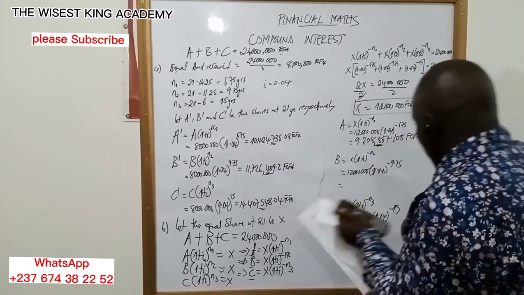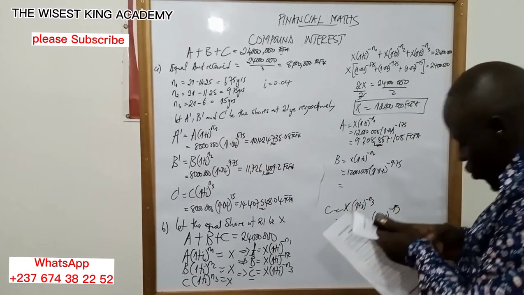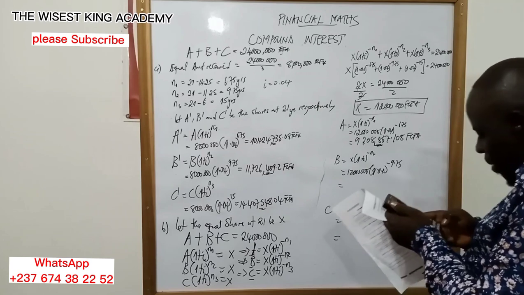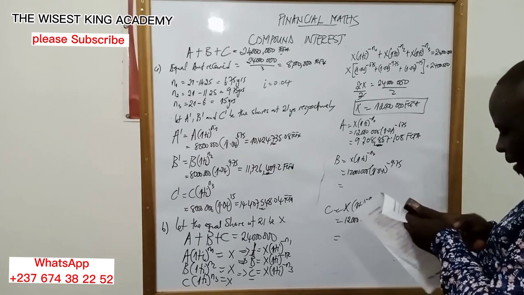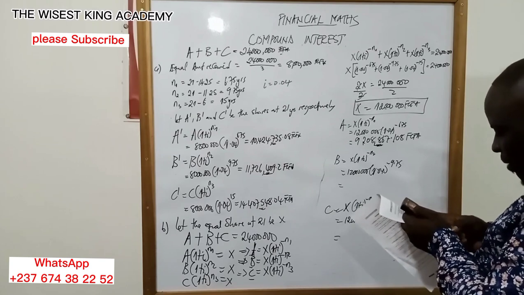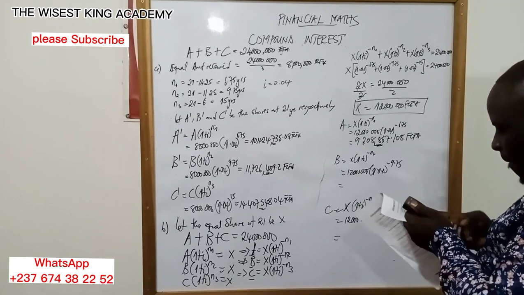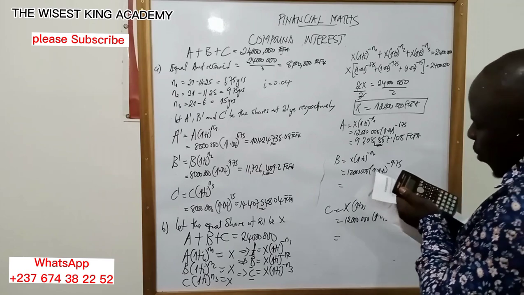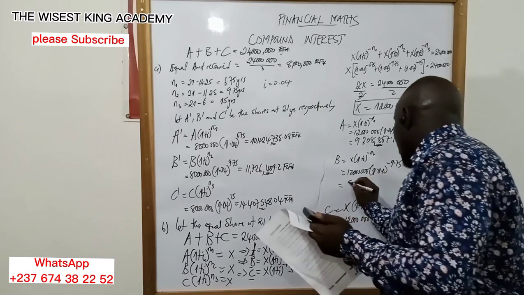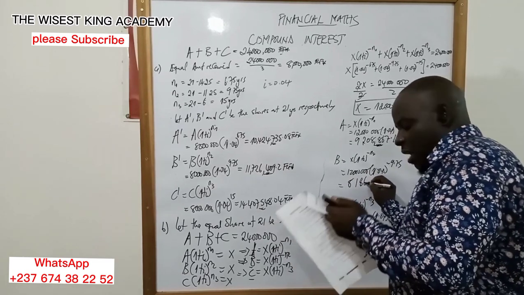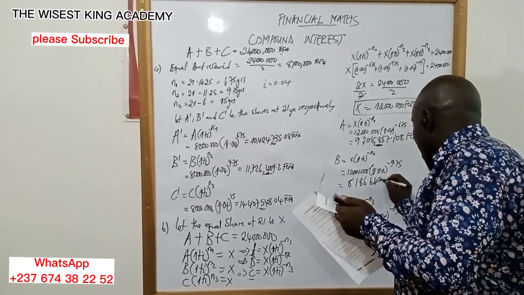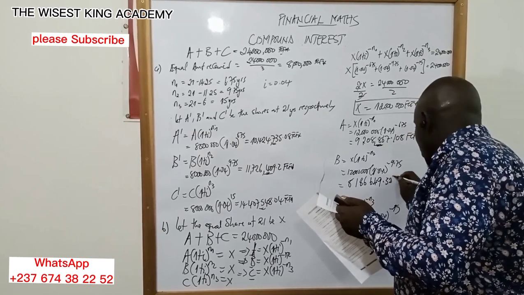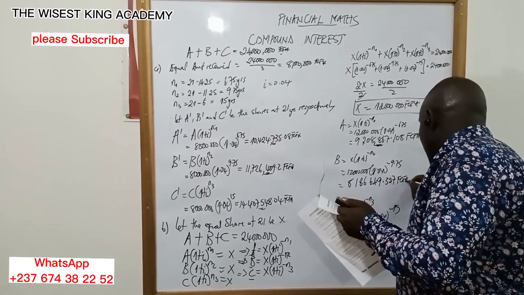Let's calculate the second. 1.04 raised to the power negative 9.75 times 12 million equals 8,186,649.327 francs CFA.